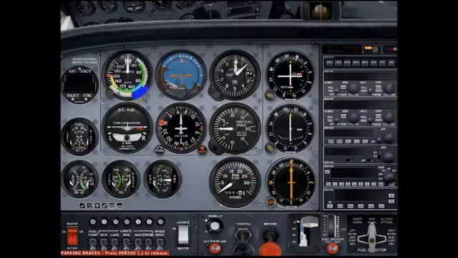Right now, what I want you to just basically worry about are these basic 6 flight instruments: the airspeed indicator, the attitude indicator, the altimeter. This tells us how high we are above sea level, and this needs to be adjusted to right about there.